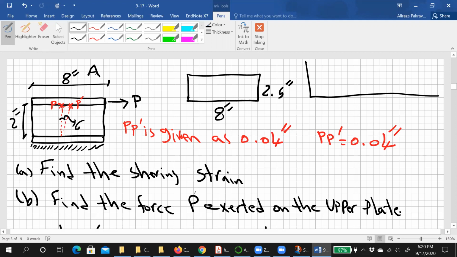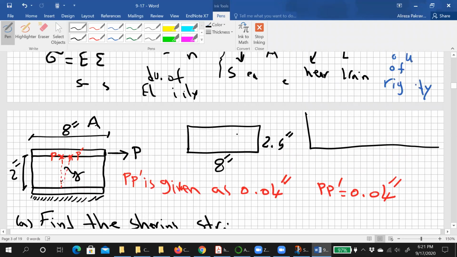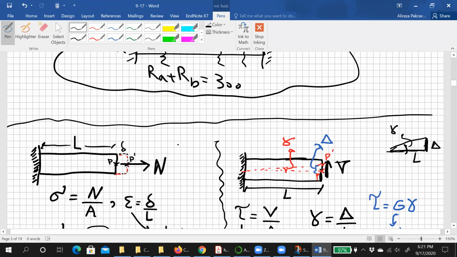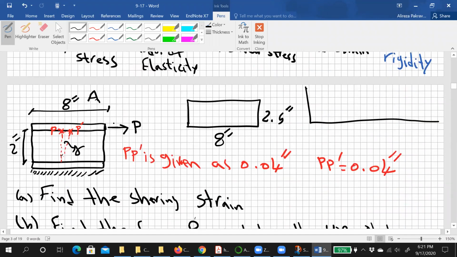This angle is gamma, and this is 0.04 divided by this length, right? This figure is similar to the earlier figure, I just rotated it 90 degrees. That V could be P, and this is the length, right?